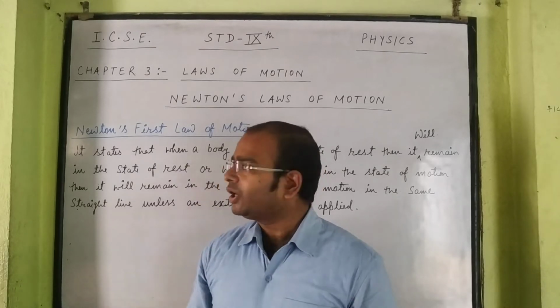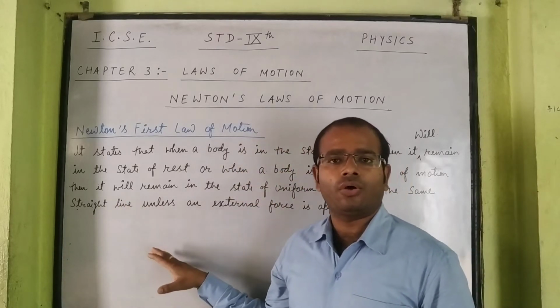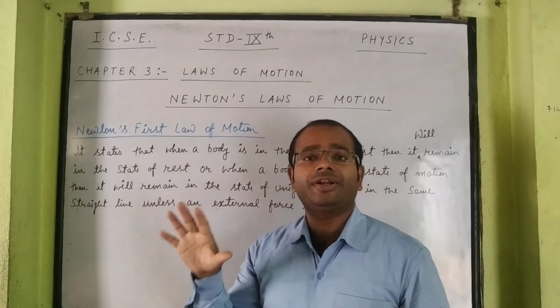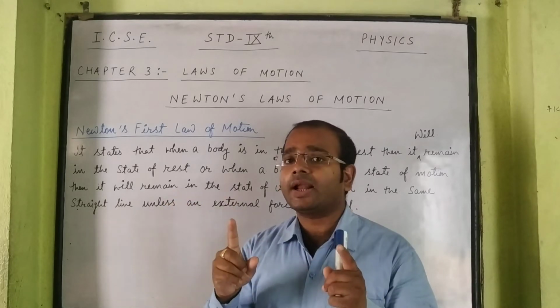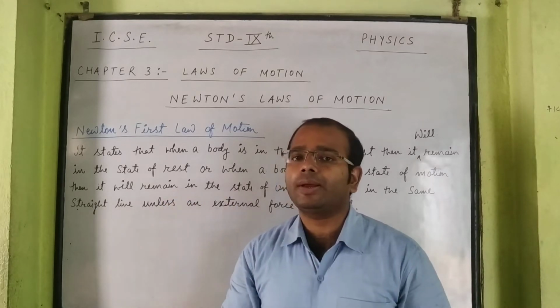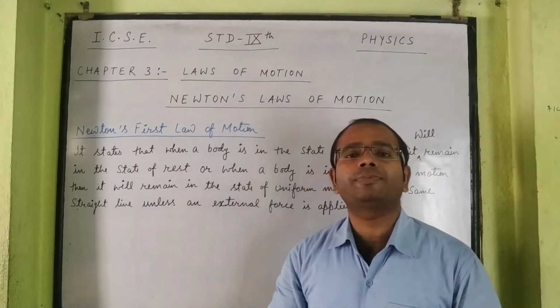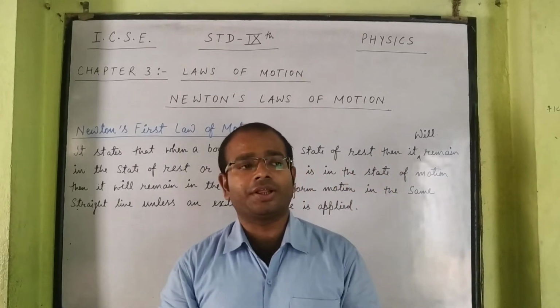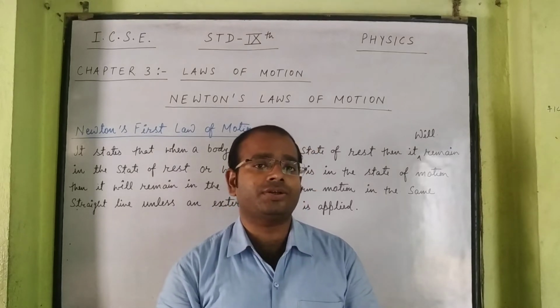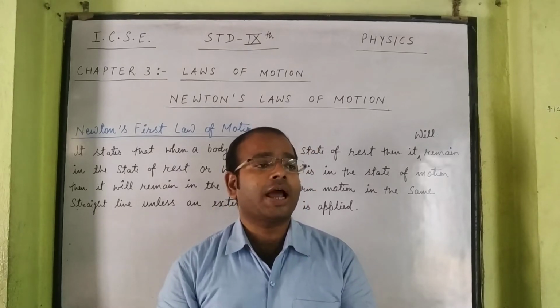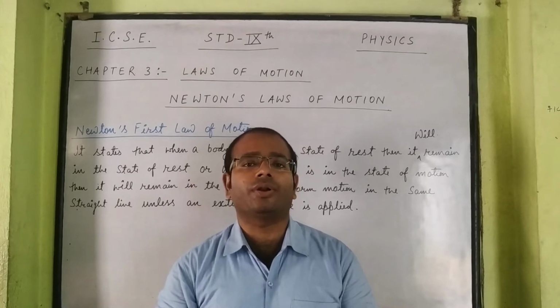So this is Newton's first law, and the body can retain its previous state unless and until an external force is applied. Suppose a book is placed on a table, then the book wants to be in the state of rest unless an external force is applied on it.